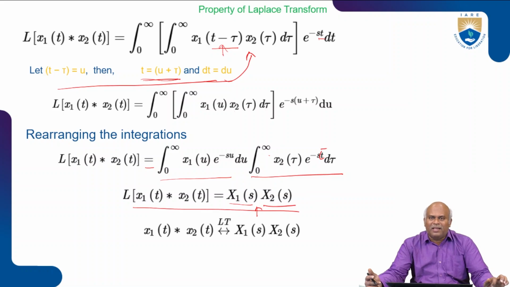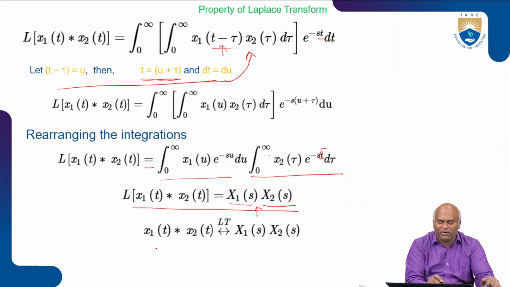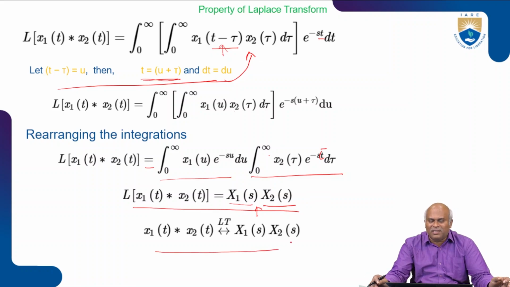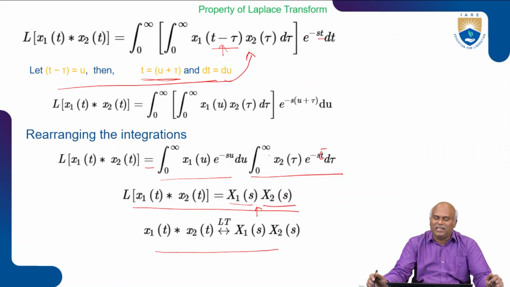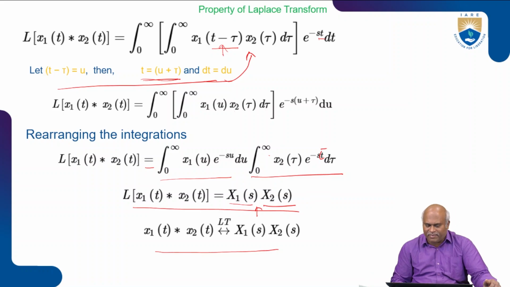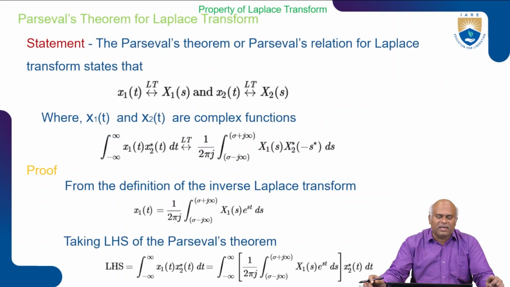This is called the time convolution and multiplication property of the Laplace transform. Finally, I write the statement: the Laplace transform of x1 of t convolved with x2 of t is equal to x1 of s into x2 of s. Okay. Then the Parseval theorem of the Laplace transform.